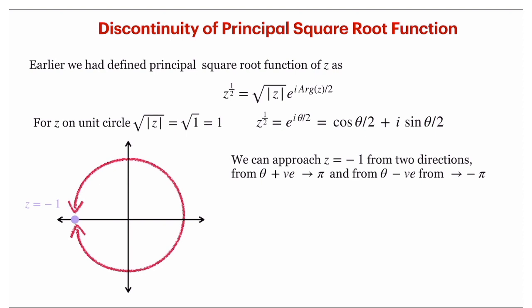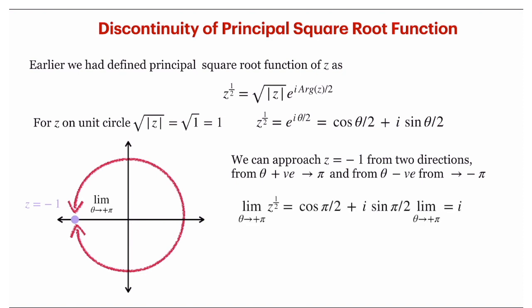If the function is approaching from a different path, whether it leads to a similar or dissimilar result, that is what we need to see. So we can approach the negative real axis from two directions: the positive theta direction, coming from the positive y-axis, and the negative pi direction, coming from the negative y-axis, and see what happens in each case.